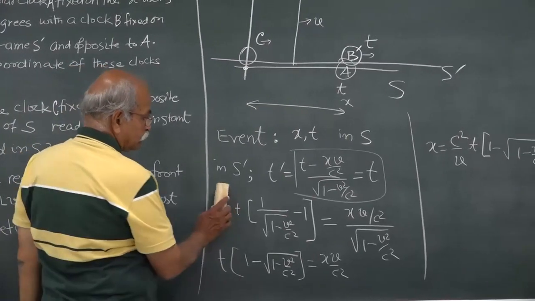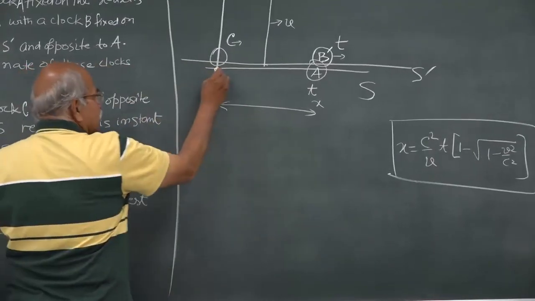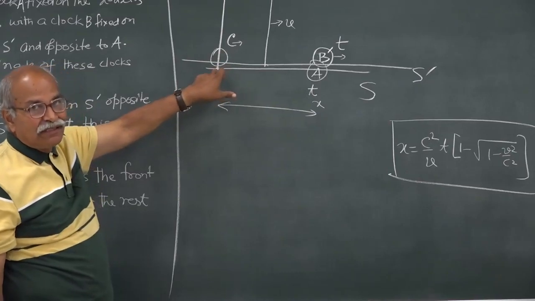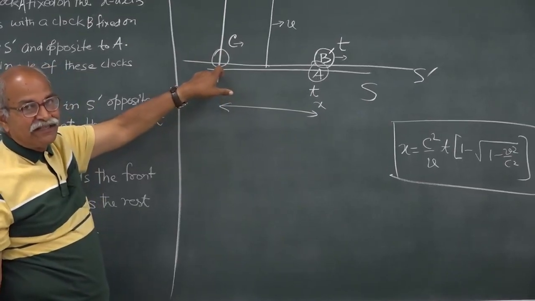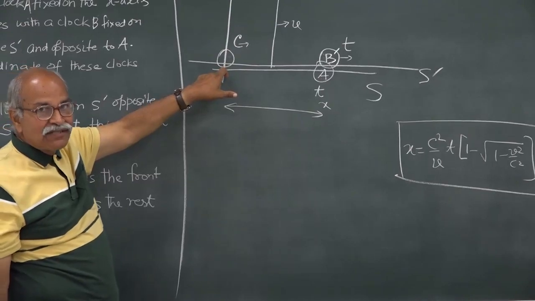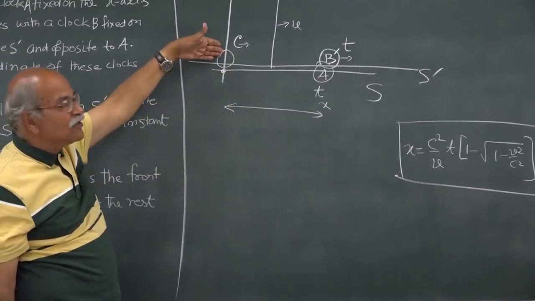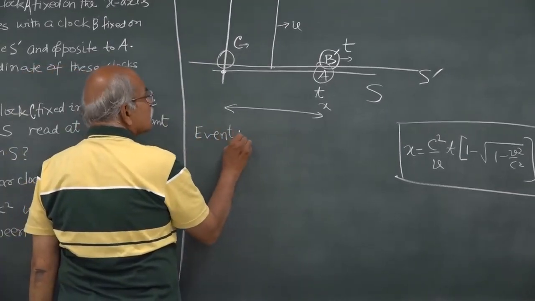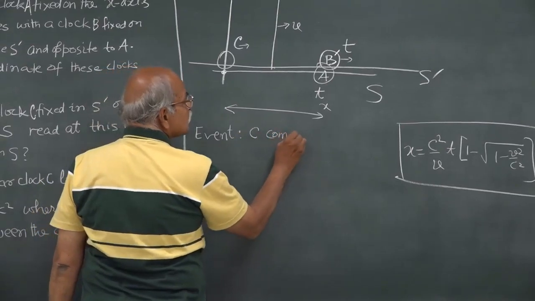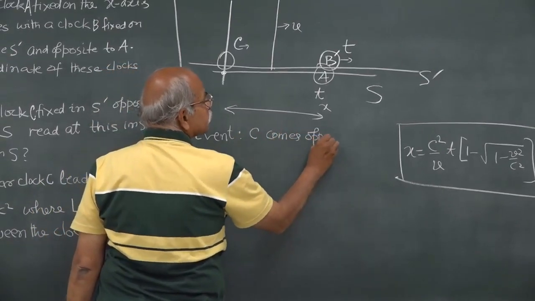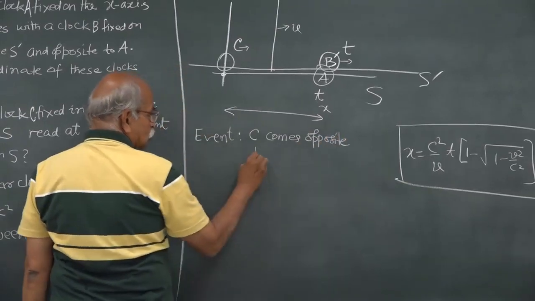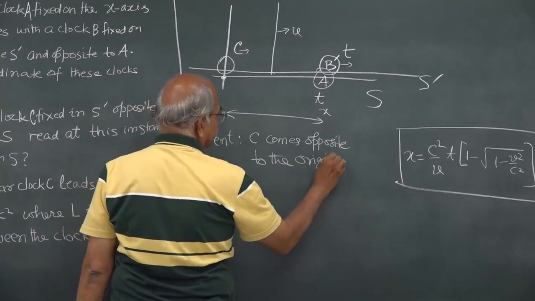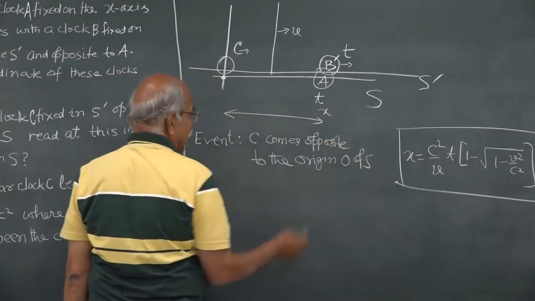Now, this event, this clock C is opposite to the origin. What are the x and t as seen from S? From there we can get the reading of this clock. So, our event is C comes opposite to the origin O of S. This is the event.